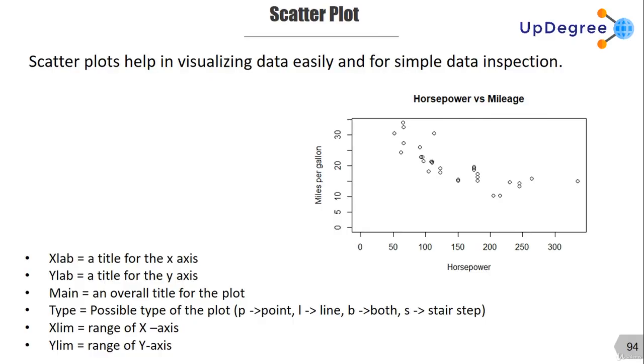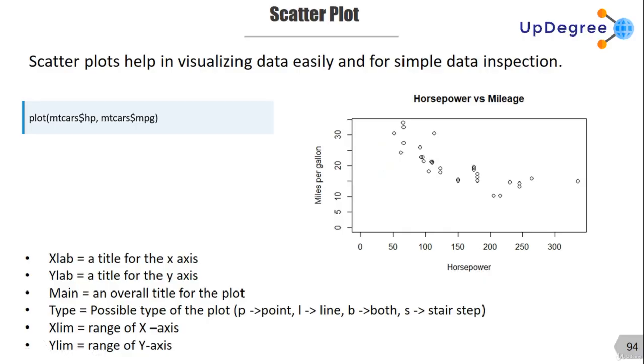Now what is a scatter plot? A scatter plot is something where you have X, you have Y and you have a couple of numerical values. For example, I can say for horsepower 150, the mileage is maybe 15. Similarly you can draw all those graphs. This is the easiest one, which we can do with the plot function.